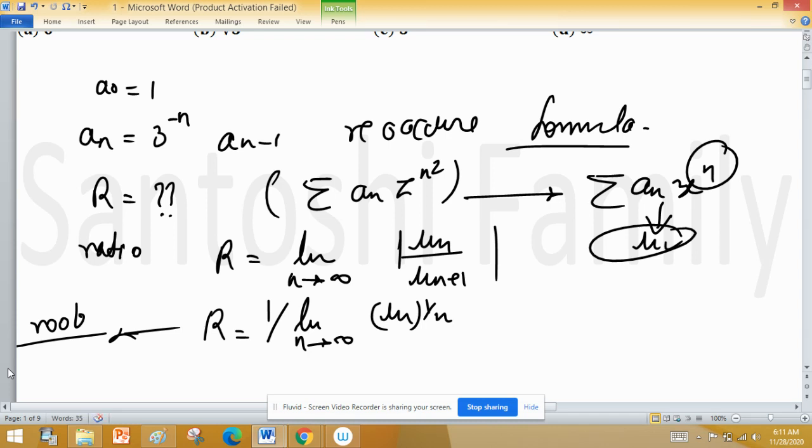When we check the convergence of a series, we use these two tests frequently, and the root test is more powerful than the ratio test. Sometimes the ratio test fails to predict the convergence of the power series, but the root test implies the convergence by this method. So we can generally say that the root test is more powerful than the ratio test.